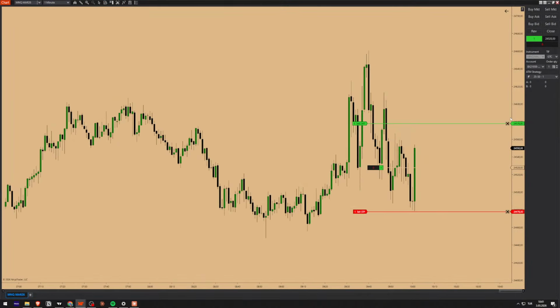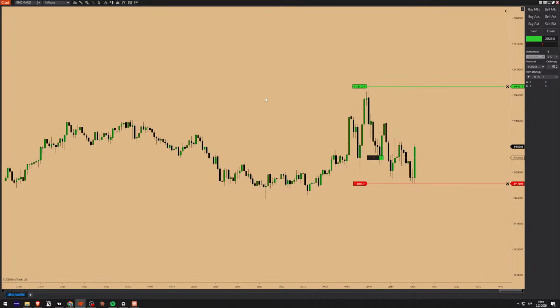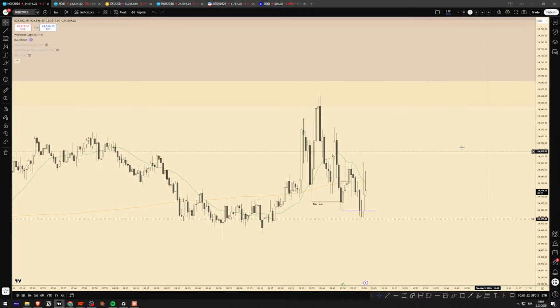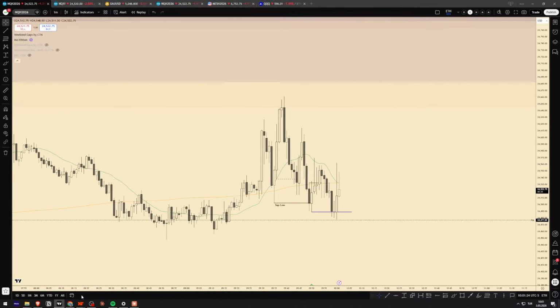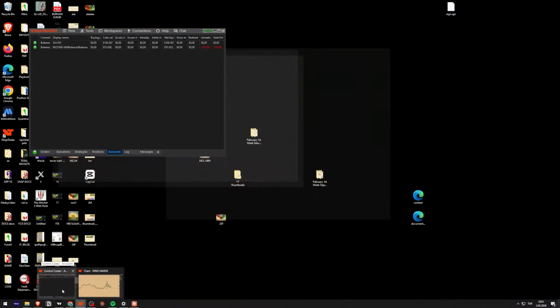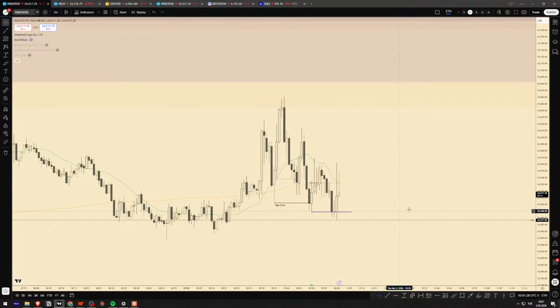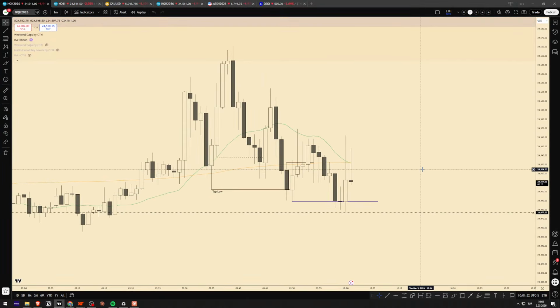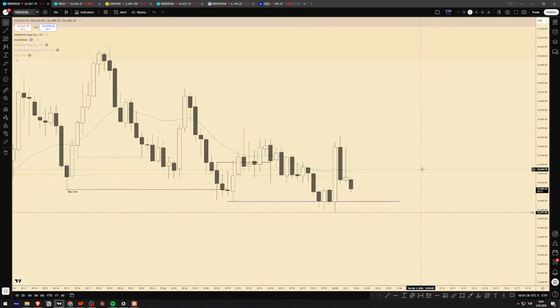And I feel like the target for price is this high, which is this electronic trade hours weekly gap. If it doesn't, it will be a small stop loss. I only opened one micro. I will now start watching the price.